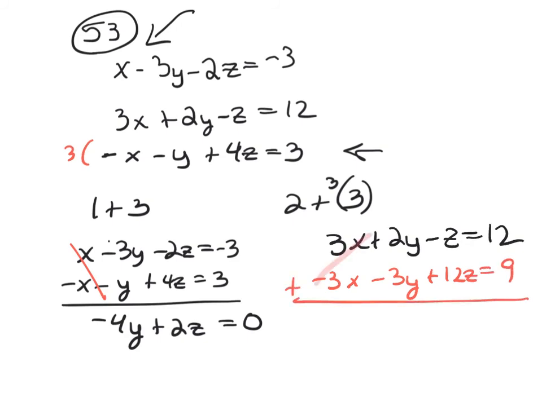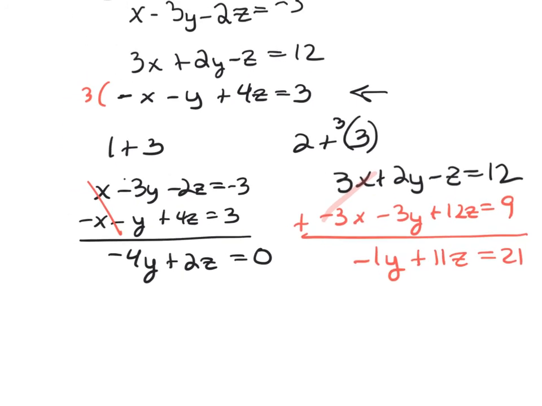Again, the x cancels. This becomes negative 1y plus 11z equals 21. So now I have to decide, what do I want to eliminate, y or z? I think I'm going to eliminate y. I'm going to multiply this equation by a negative 4.